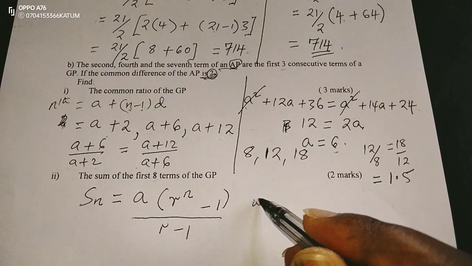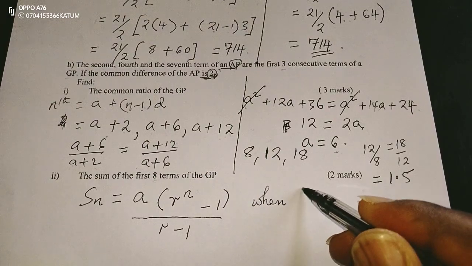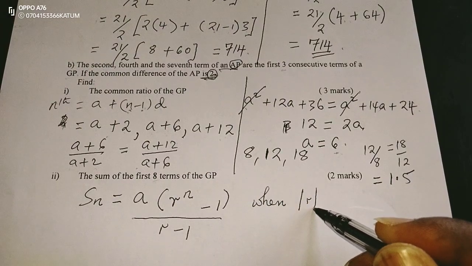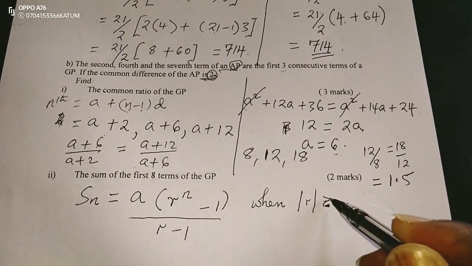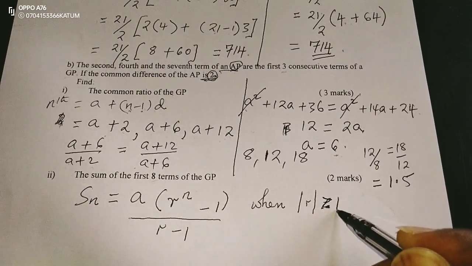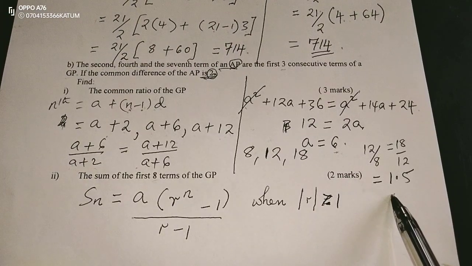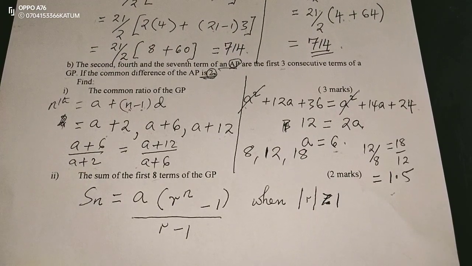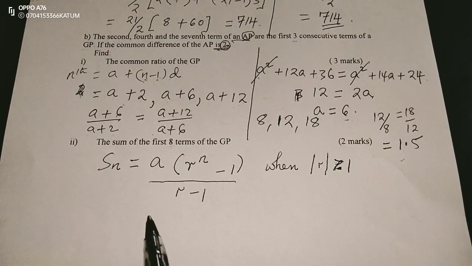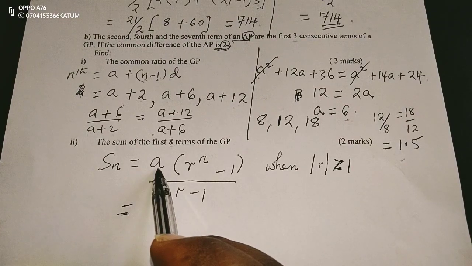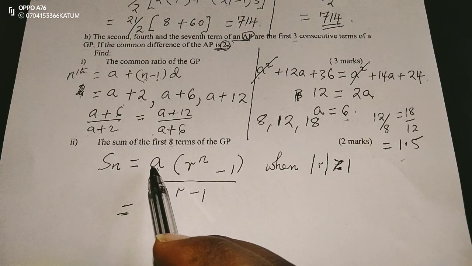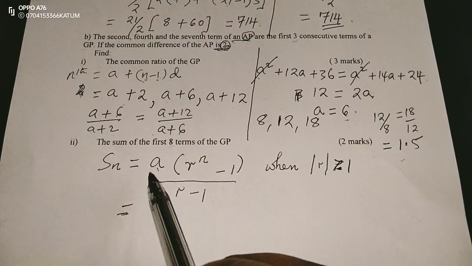This is strictly when the absolute value of R is greater than 1, and our case is so. Therefore, I'm going to have now the sum of the first 8 terms. A is the first term, and it is the first term for the GP.